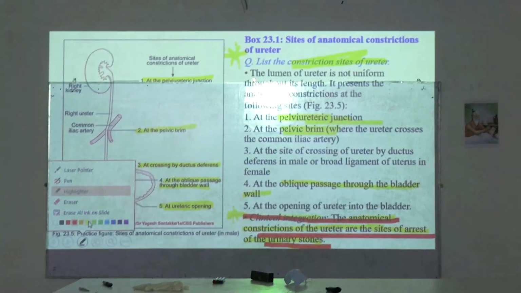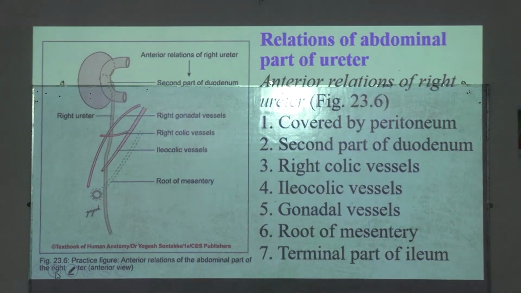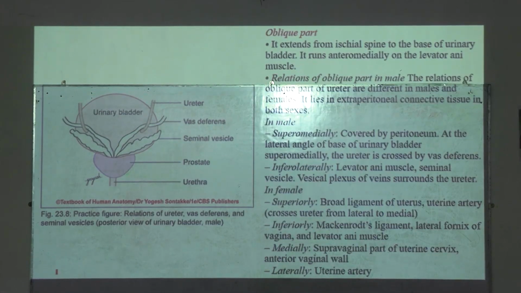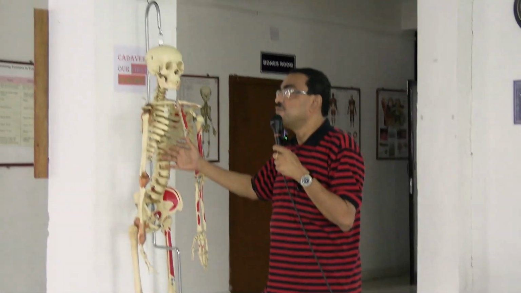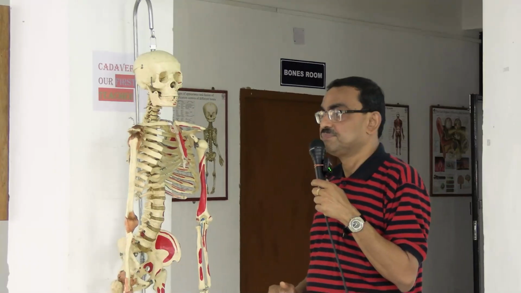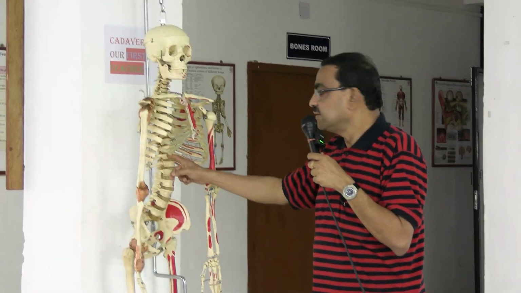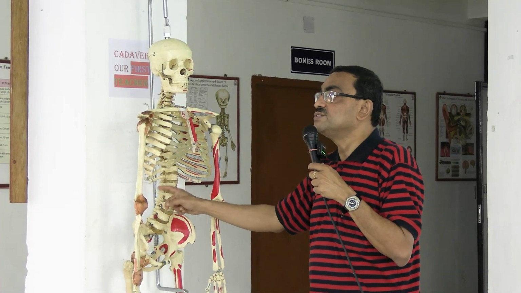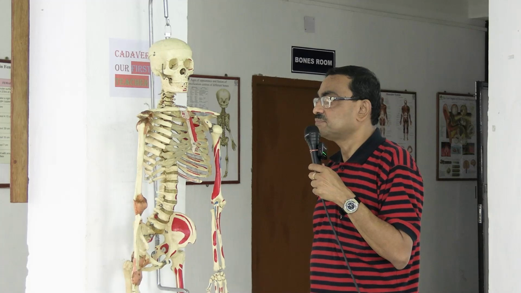Now, ureter is supplied by the arterial supply. When it is coming down, it is getting supply from various arteries. It comes from the direct branch from the renal artery, suprarenal arteries.